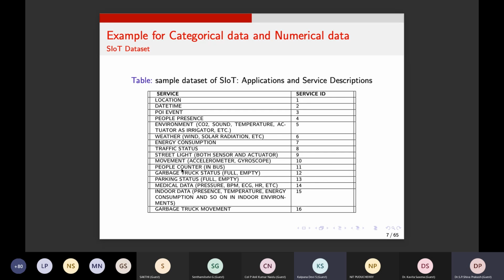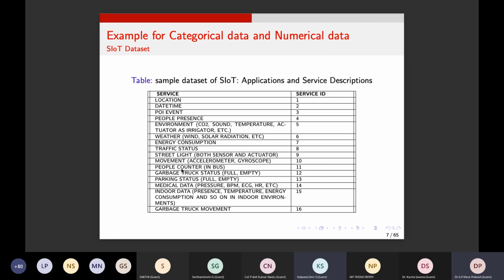For example, let's say we have a location, a set of services, and its IDs. The location is a service, ID 1. Similarly, date time is a service, and the ID 2. The point of interest, people's presence. So for each, a sequence of ID has been allocated so that you can straight away identify these services by using the service IDs.